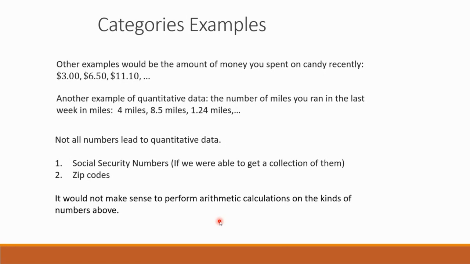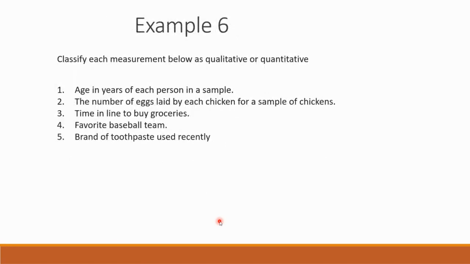Okay, let's do another example. So here we want to classify each kind of measurement here as quantitative or qualitative. So again, if you can do calculations on it, quantitative. If you can't, it's qualitative.